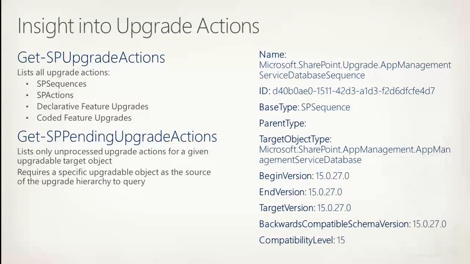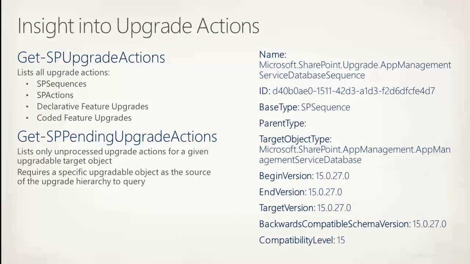The other piece that we have, though, is if you say, well, I want to know what upgrades are still pending, not just that the upgrade is needed on this particular object, but what actions still have to be upgraded, then you have this Get-SPPendingUpgradeActions command. But you have to pass in an object, for example, a content DB or a web application object.